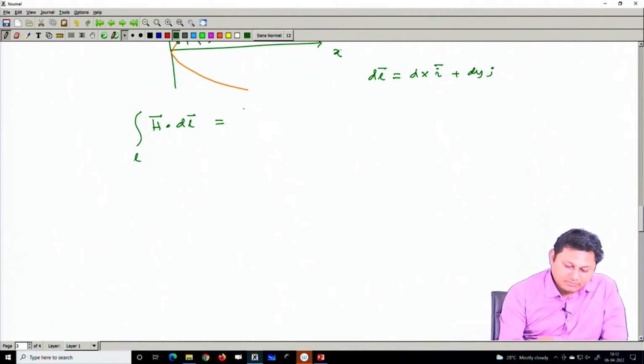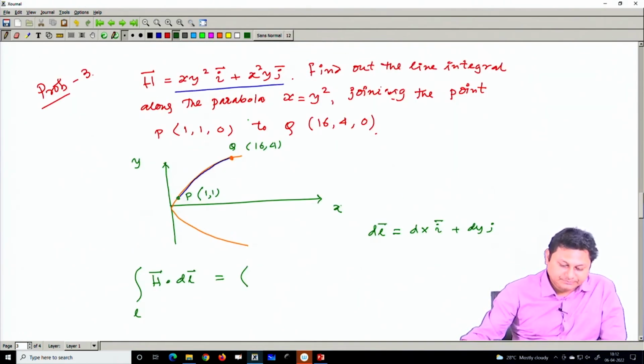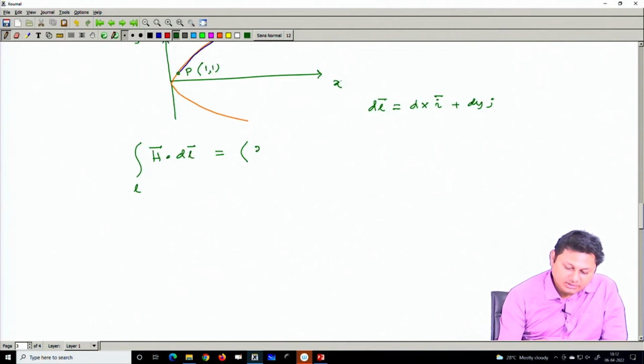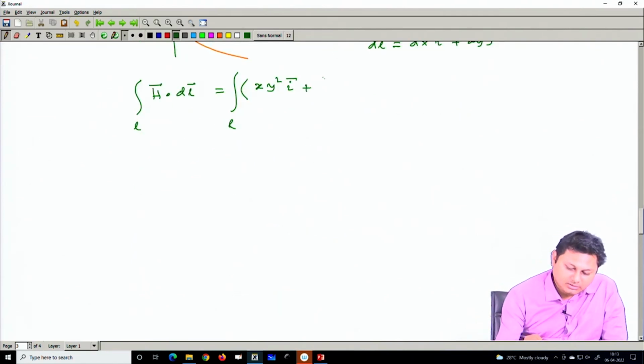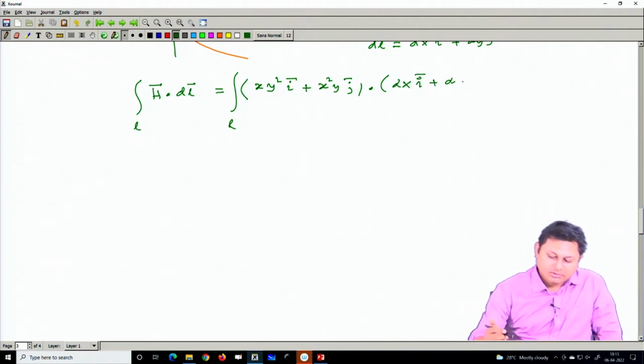I can put the value of H here, which is the integral of (x y square i plus x square y j) dot (dx i plus dy j).